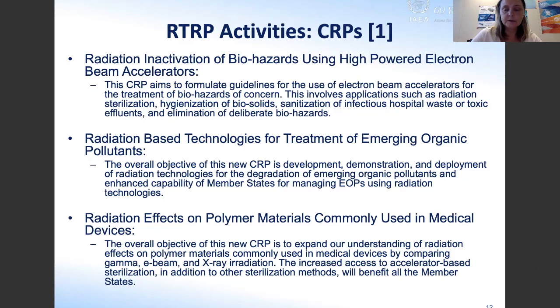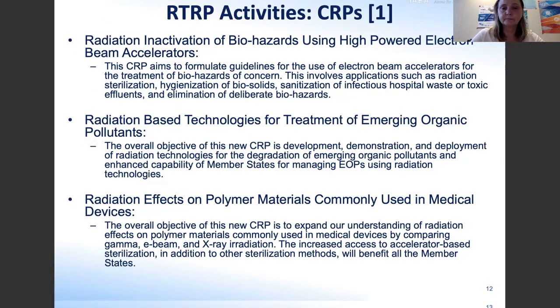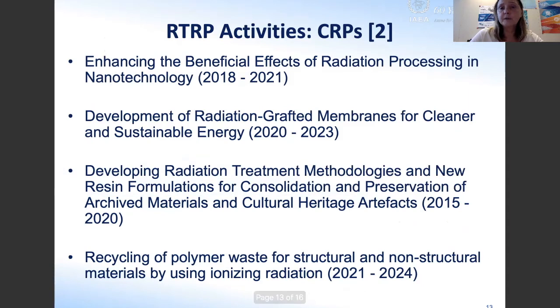Please apply, because the call for proposals is still open, and we are looking for some good research groups and some good experimental and computational work in this area. We also have some other CRPs. I'm not going to talk about all of them, but please read the titles and please find this information on the IAEA website. Again, if you think this is suitable for your research group, please contact us and we'll be happy to answer all your questions.